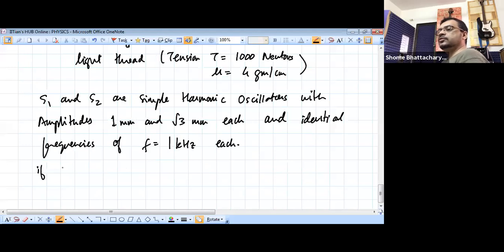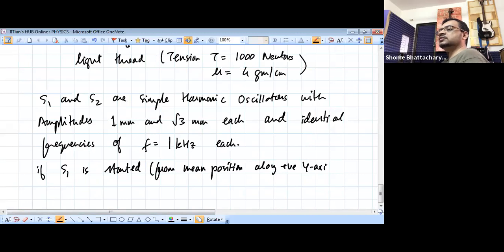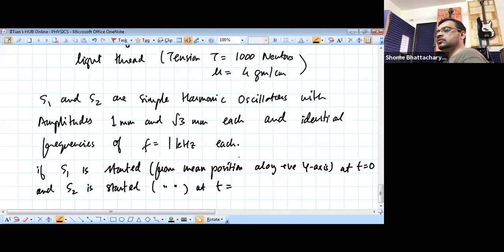So S1 is started from mean position along the positive y-axis at t equal to 0, and S2 is started again from mean position along the positive y-axis, but at t equal to, say, 0.25 milliseconds.